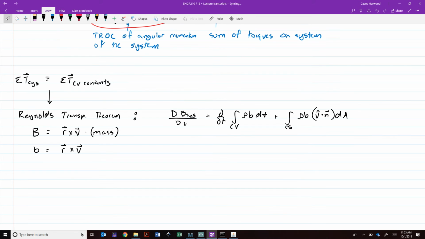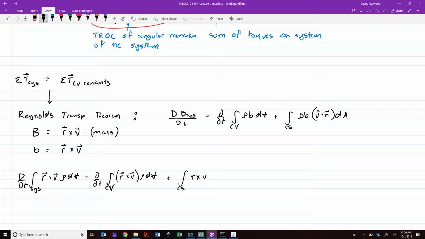So plugging those in, you can write that d/dt of the integral of R cross V rho d volume of the system is equal to the time rate of change over the control volume of rho R cross V, plus the integral over the control surfaces of R cross V rho V dot N dA.